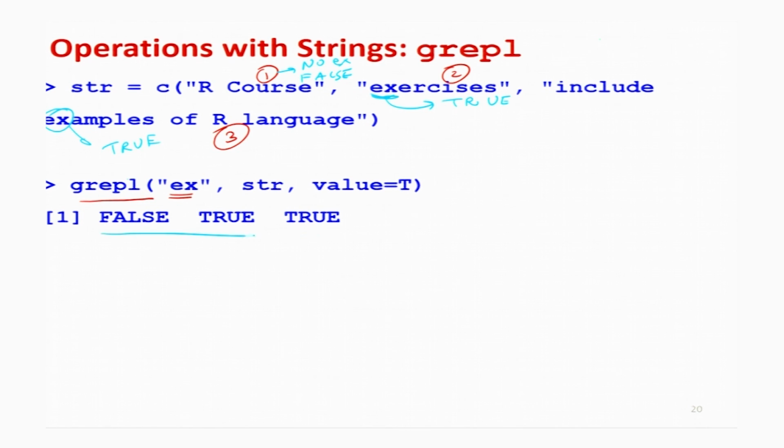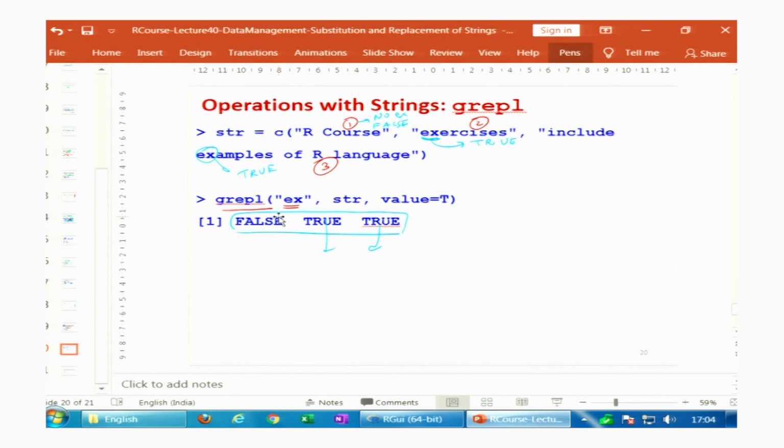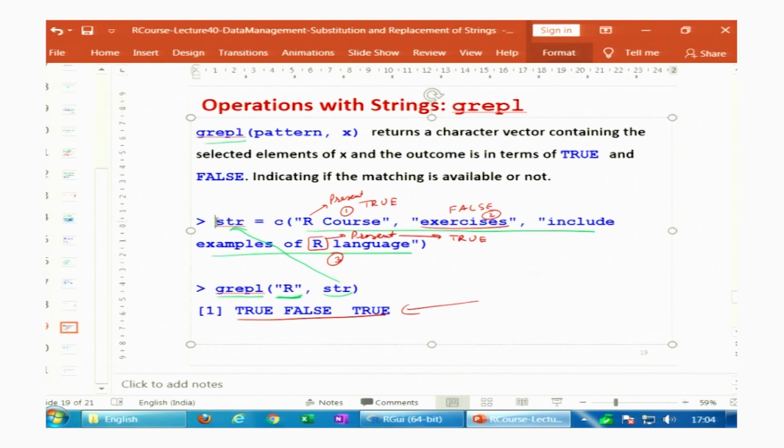So this is false, true and true, right? Since you have true at these 2 places, that indicates that the ex is present in string number 2 and 3 in the data vector str.